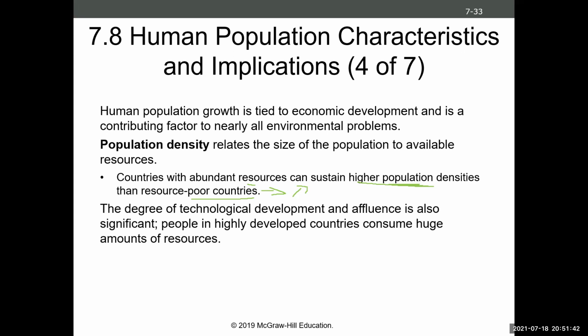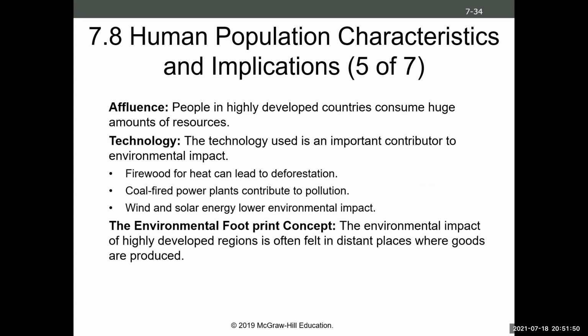What we also see, though, is that highly developed countries are using much more resources compared to those poorly developed countries. And so there's this affluence where we're consuming much more resources. Our environmental footprint is much larger, and our environmental impact is much larger than what it would be if we were living sustainably.